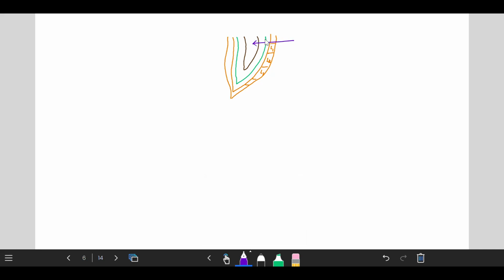This is your spinal cord. Okay? And this part is your dura mater.